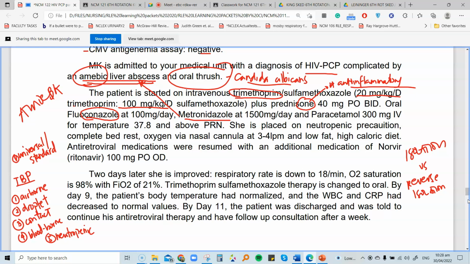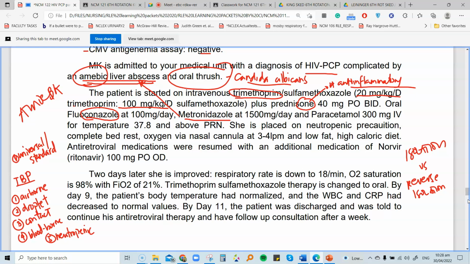Understood? That's why we have our PPE, because that patient is contagious. You don't want to contract the disease and then go out of the room and share it with the rest of your clients. No, right? You don't want that. So the term isolation is applicable for airborne transmission-based precaution. Reverse isolation is applicable for neutropenic precaution.